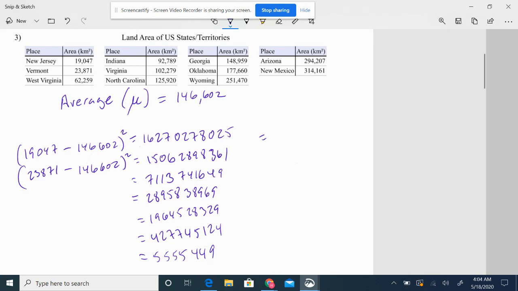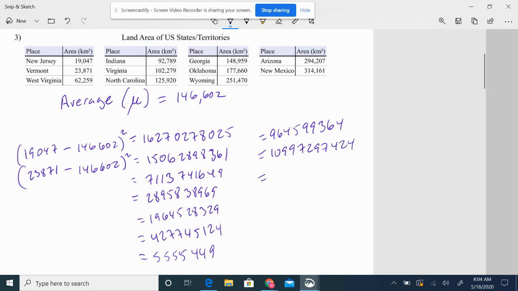My next number is 9645, 99364. My next number is 1099, 7297, 424.